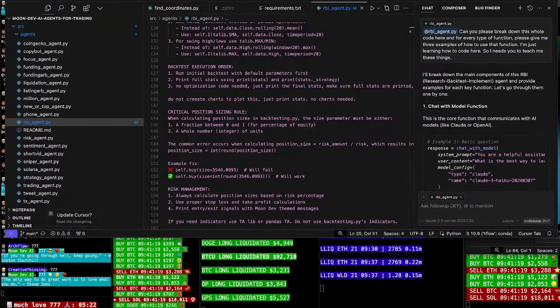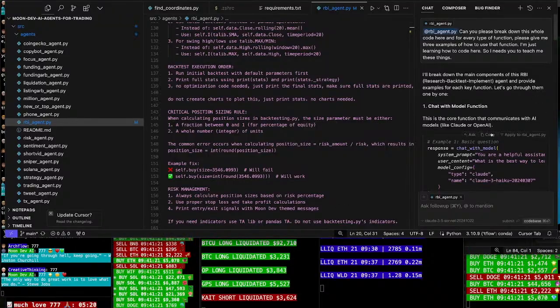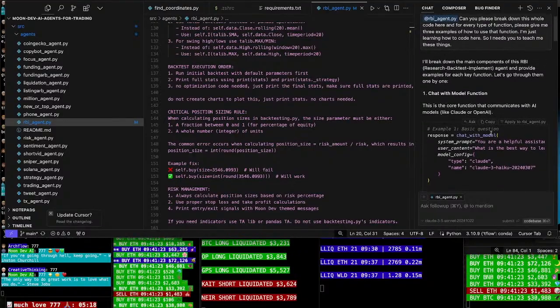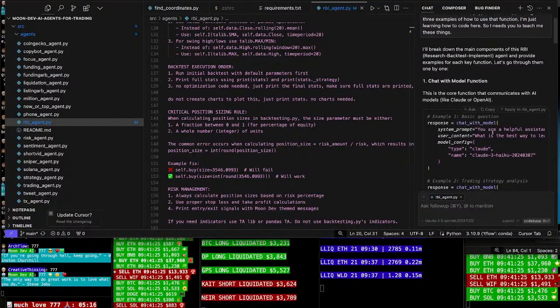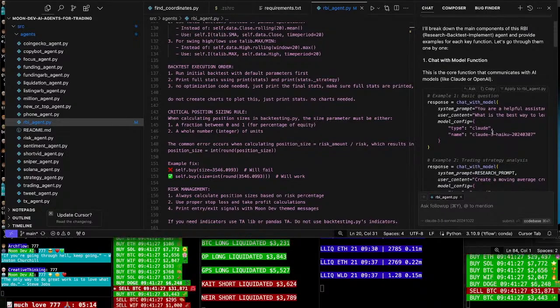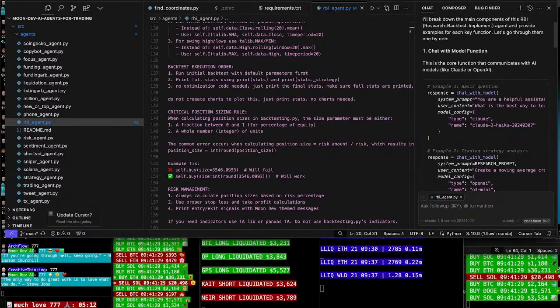And you can see it will break down the main components of the RBI research, backtest and implement agent and provide examples for each key function. Let's go through them one by one.